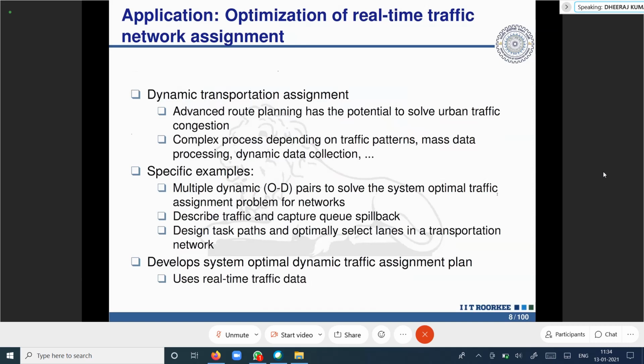Another application could be traffic assignment. It could be either network traffic, like on the internet, or physical road traffic. This could be helpful in route planning to solve urban traffic congestion, or complex processes depending on traffic patterns. We can have mass data processing, dynamic data collection, and so on.